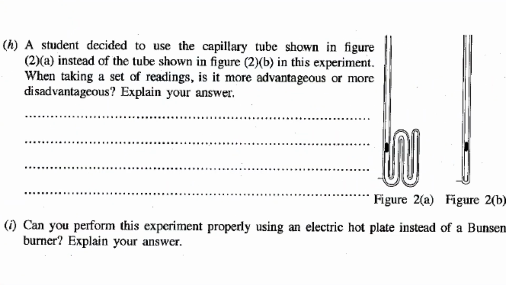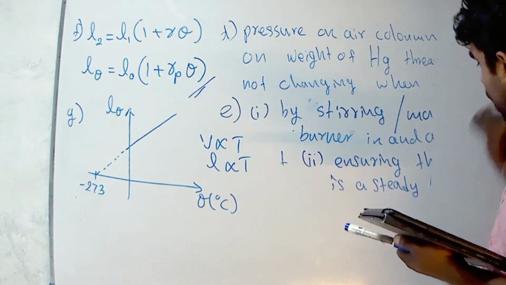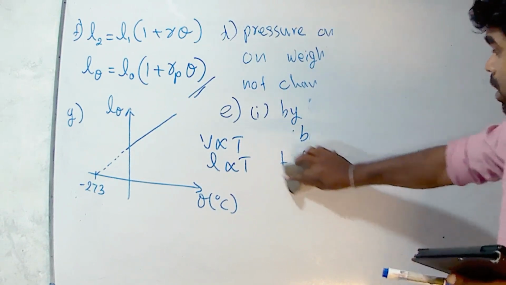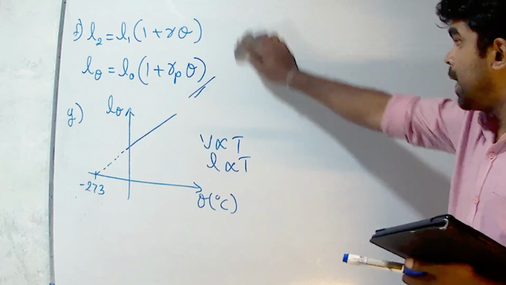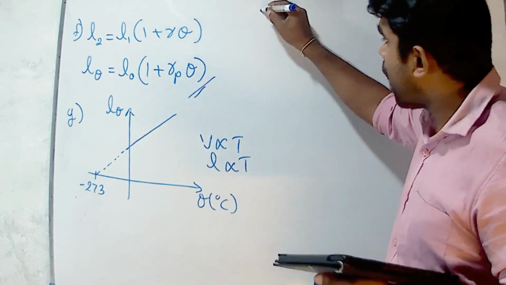In part H, a student decided to use the capillary tube shown in figure 2 instead of the tube shown in figure 2b experiment when taking a set of readings. It is more advantageous or more disadvantageous. Explain your answer. In the given figure, figure A, they have given a tube with a part like this.